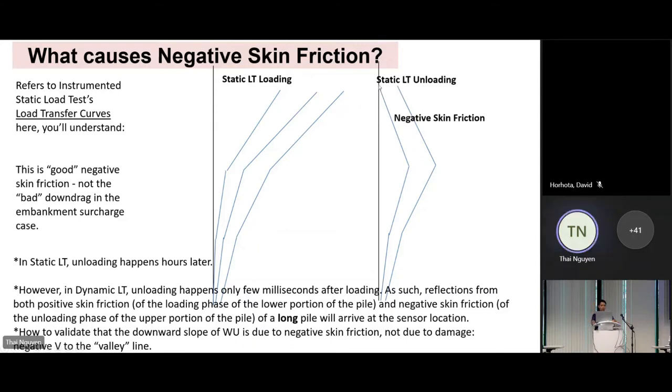And when the load is zero, the stress is still locked in the soils, and that causes the negative skin friction in this portion. So this negative skin friction is good negative skin friction, not the bad down drag in the embankment surcharge case. So you need to differentiate that this is not the down drag in embankment surcharge case.